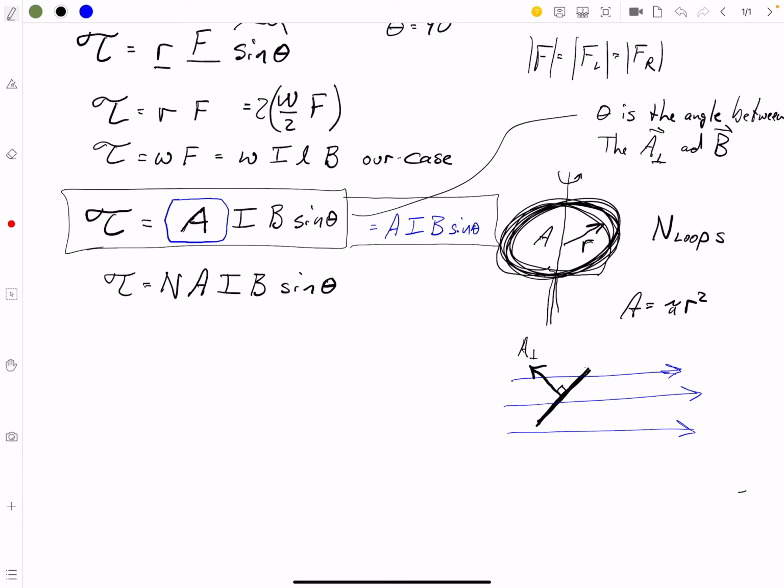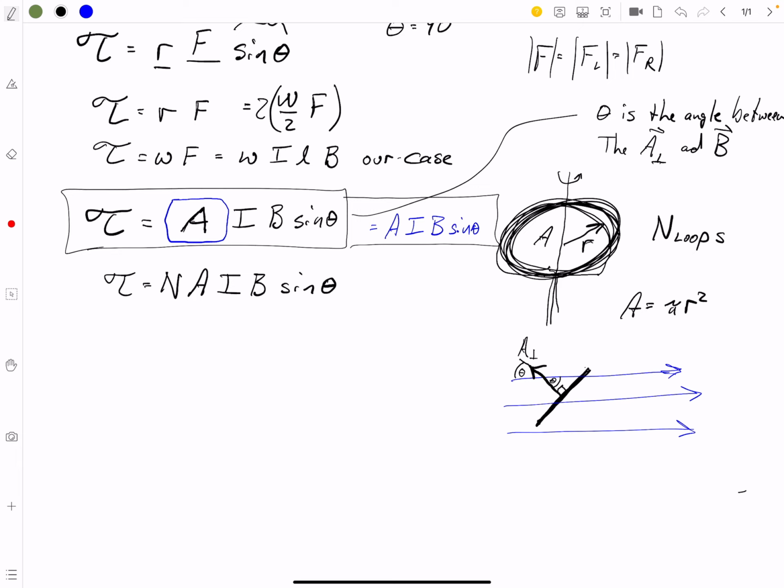And so our A perpendicular then has an angle, you can see it here, of theta, okay? That angle theta, if we drew this a little bit further, that's theta.